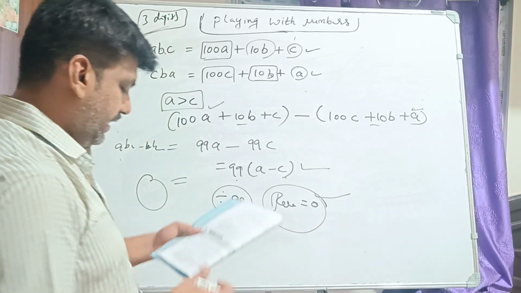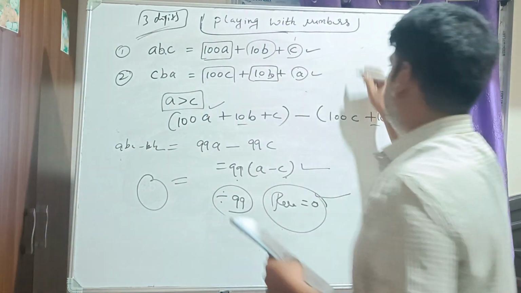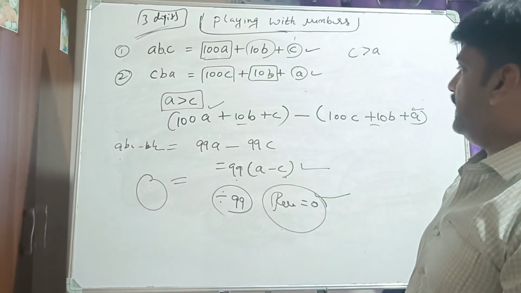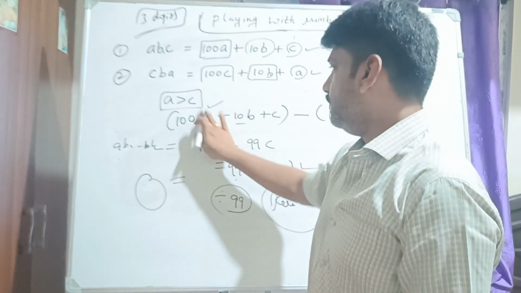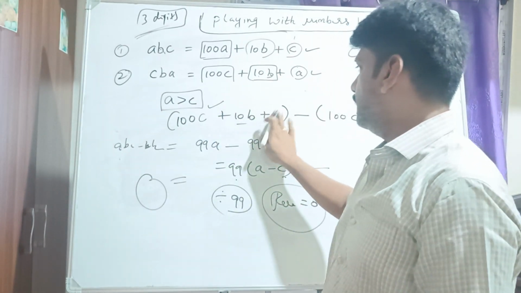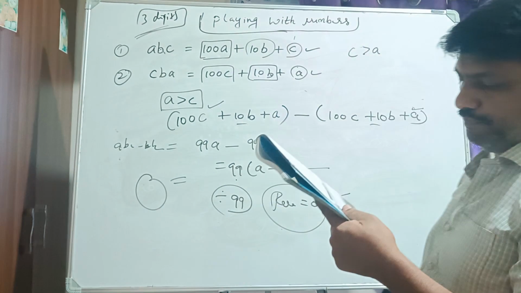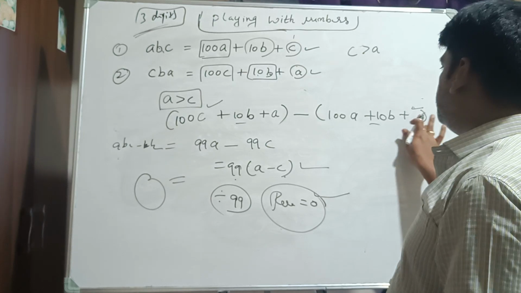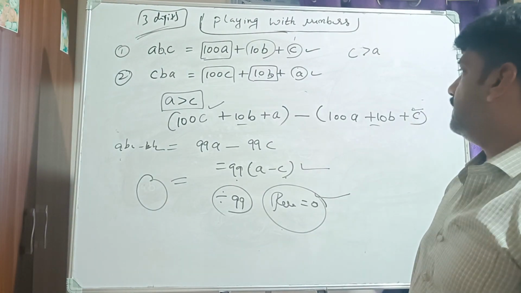Right? Similarly, you can test it for C greater than A. What is the meaning of C greater than A? So C greater than A. CBA, so this is ABC. Right?